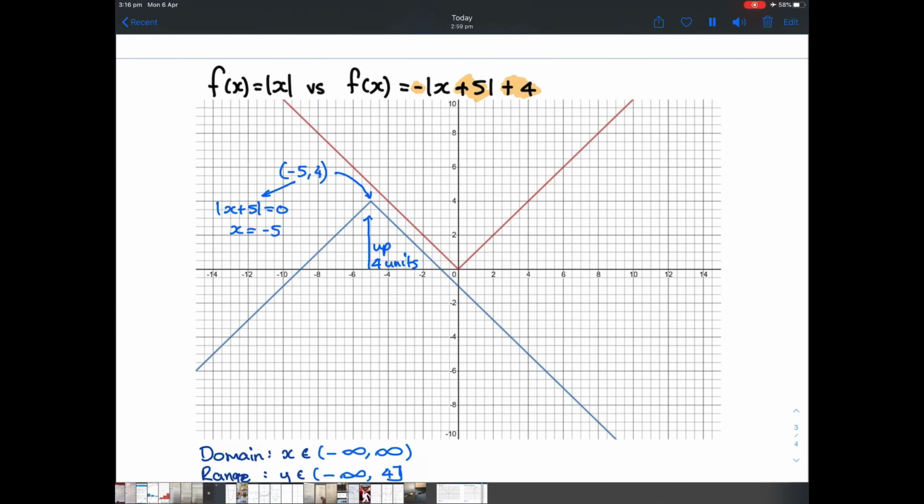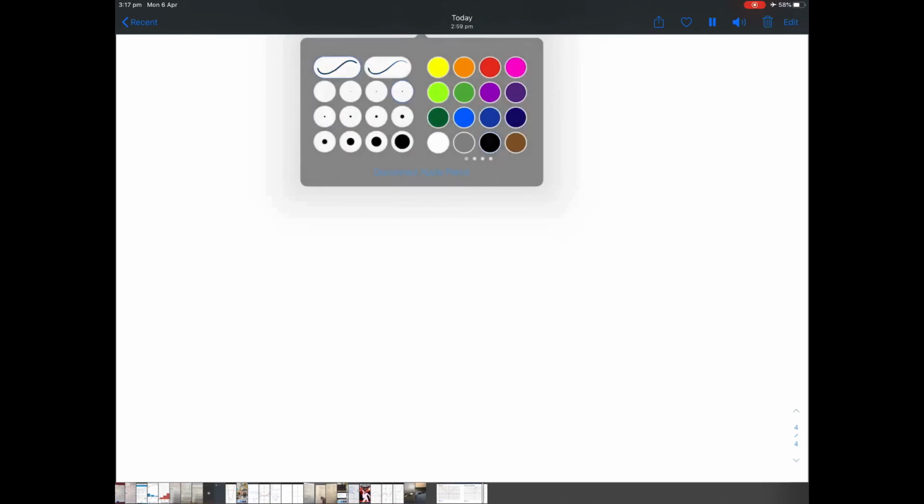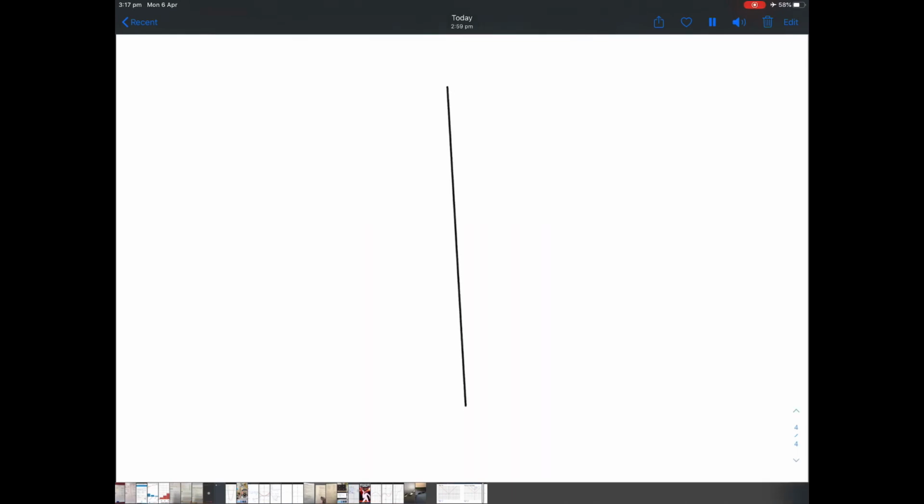Just to recap quickly, the most important thing to think about when we are looking at absolute value graphs is where is that sharp point, sorry, if I was to quickly sketch one down the bottom here.